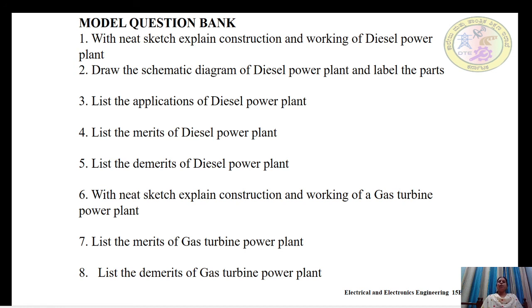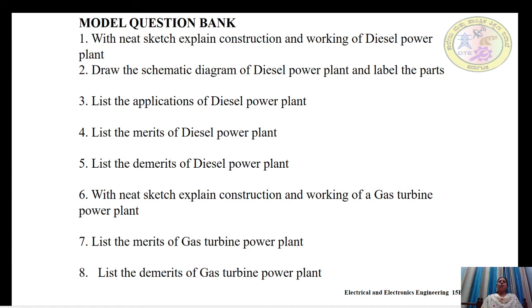If it is a diesel power plant, you should know what components will come in it. Similarly, for a thermal power plant, how it will work and what we are going to use in it. So you should practice the diagrams in the electrical power generation subject.